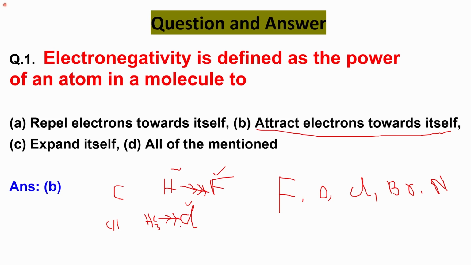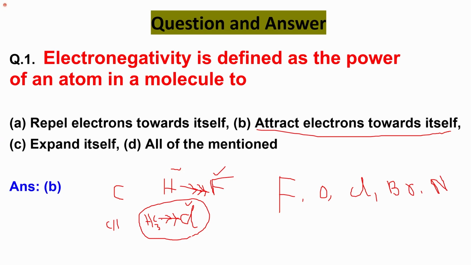Most of the electron density is going towards chlorine in the whole CH3Cl molecule. You can see it matches their answer: attract electrons towards itself. That means the bond is formed by sharing of the chlorine lone pair with the CH3 lone pair electron.